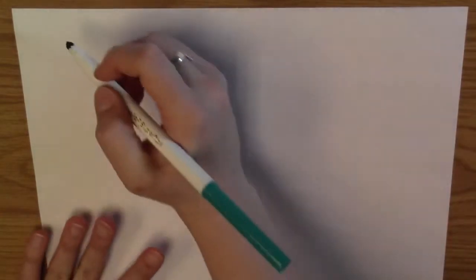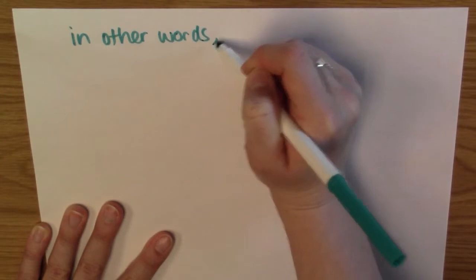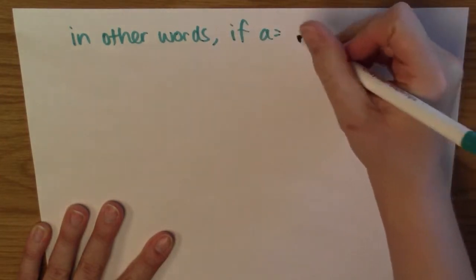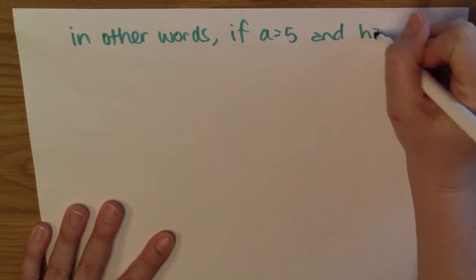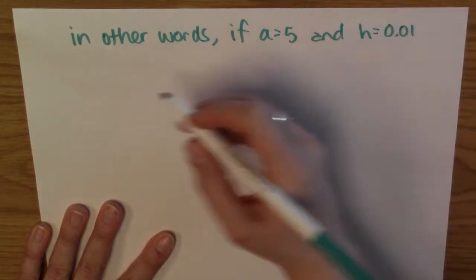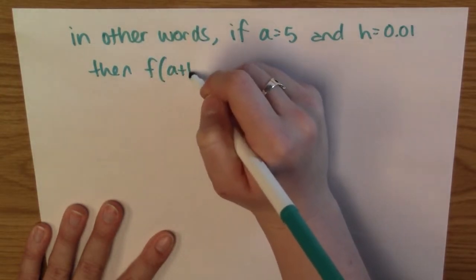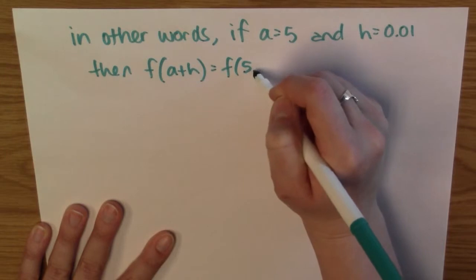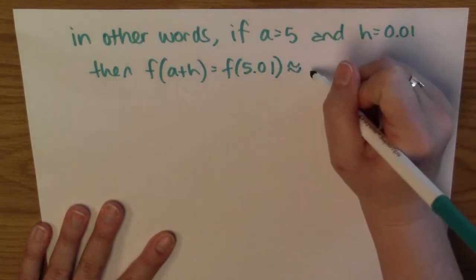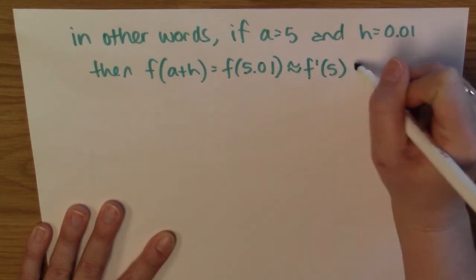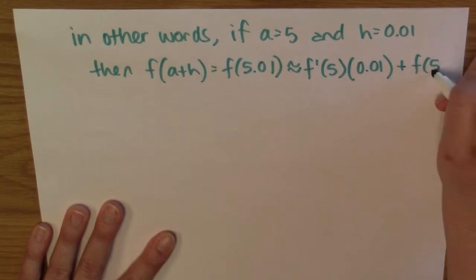So, in other words, if a is some value, maybe 5, and h is maybe 0.01, then f at a plus h, f of 5.01, is approximately equal to f prime at 5 times this h, 0.01, plus f at 5.